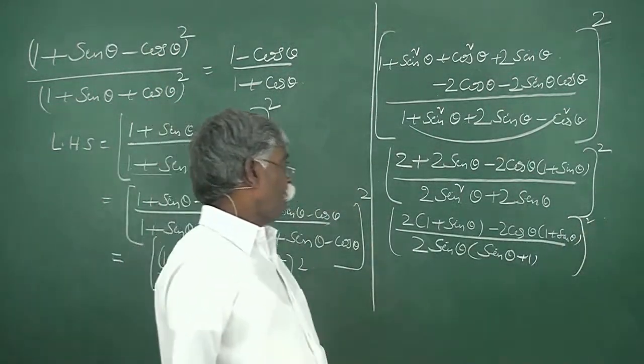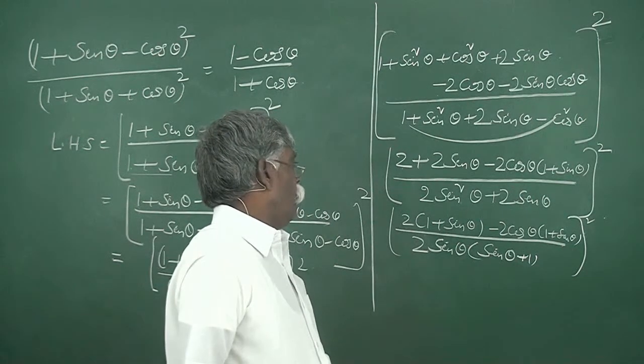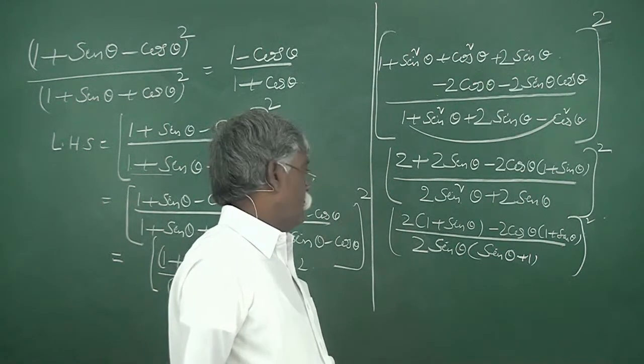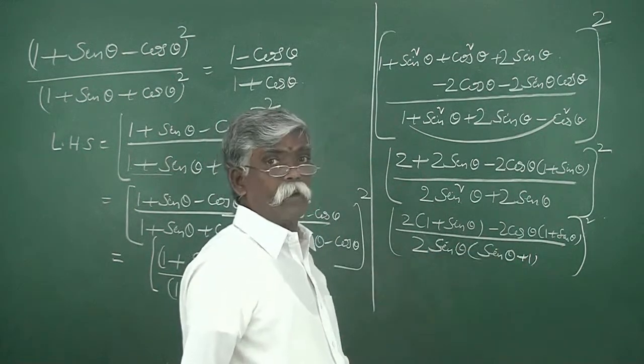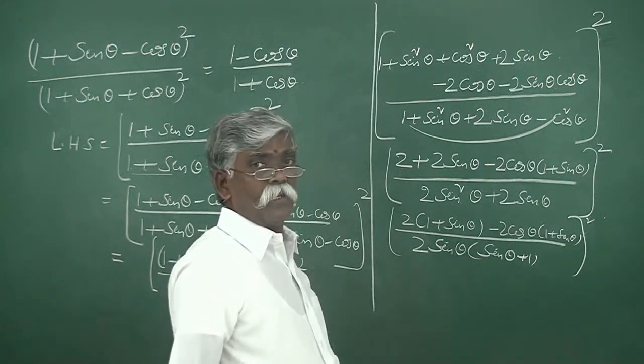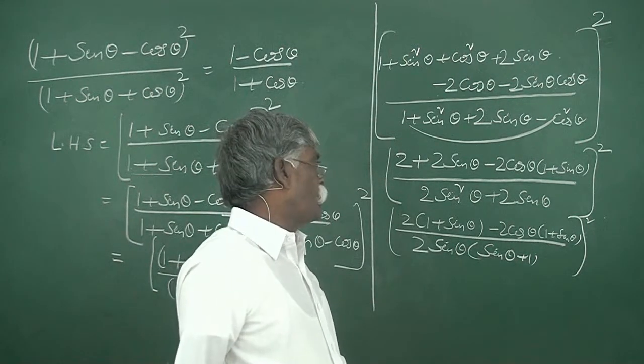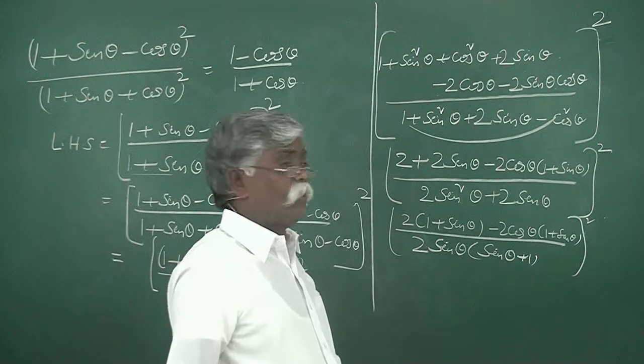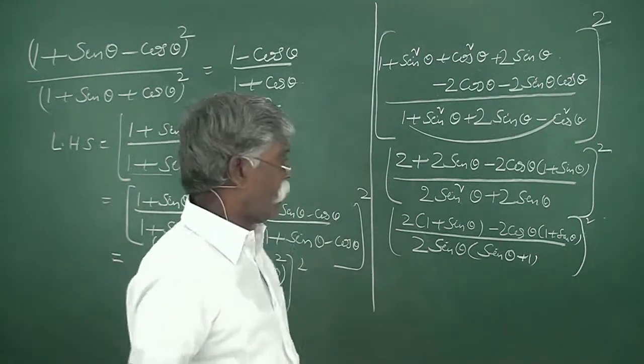Now 1 plus sin theta can be taken as common. Here also 1 plus sin theta is here. Therefore, both in the numerator and denominator, we can remove 1 plus sin theta.